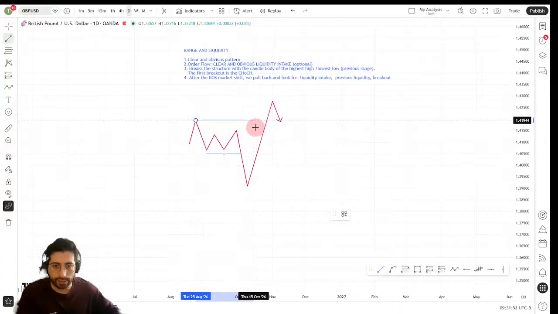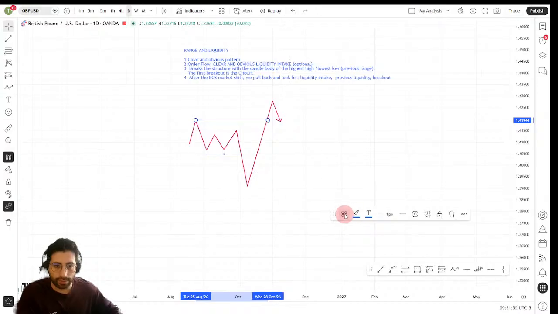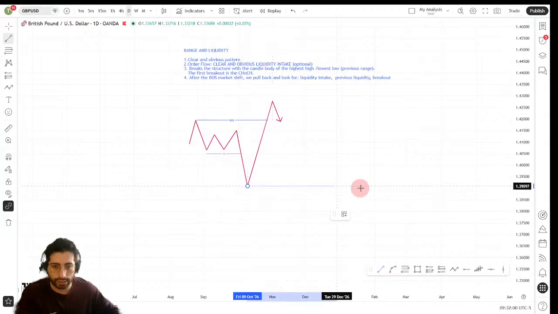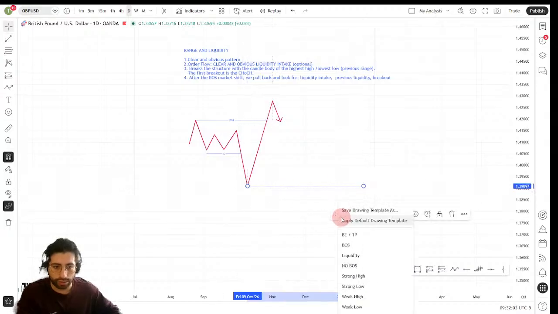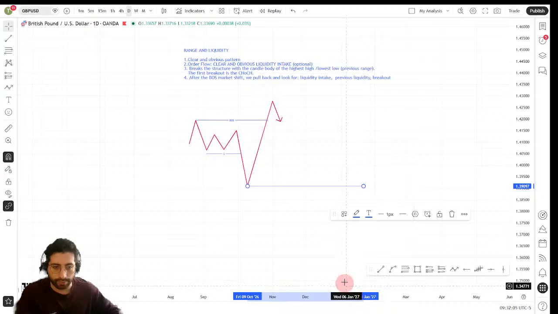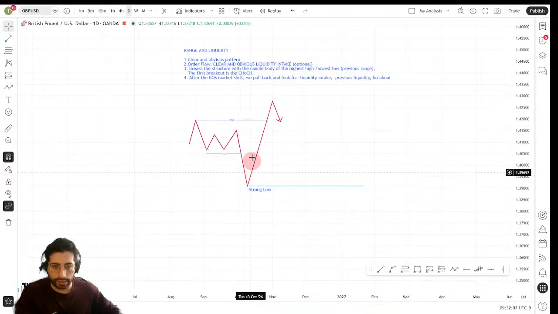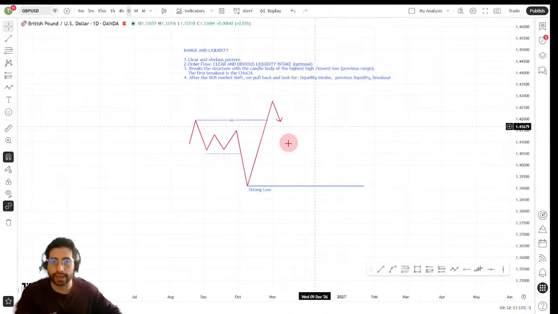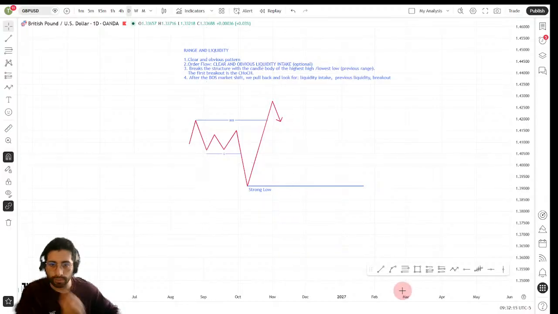With this information, we can understand that this low becomes what we call a strong low or strong high. In this case it is a low because we're in a bullish example, and it means that this low will be highly respected. So the probability that the price continues with the uptrend is high, because we're in a bullish impulse.